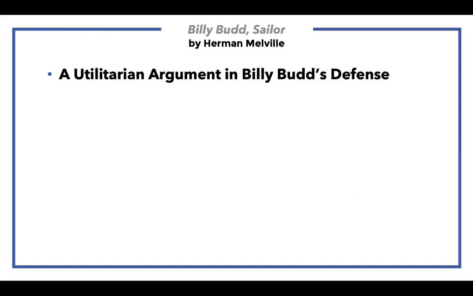Now, there's a utilitarian argument we could give in Billy Budd's defense as well. This just emphasizes slightly different empirical facts. Utilitarianism, at the end of the day, is going to rest on the empirical details. Does this thing maximize utility? Does it not?